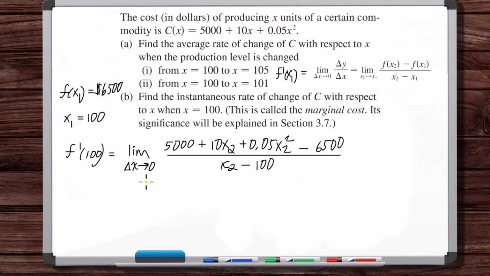As delta X, so as X2 minus X1, approaches 0, that happens when X2 approaches X1. So X2 approaches 100.